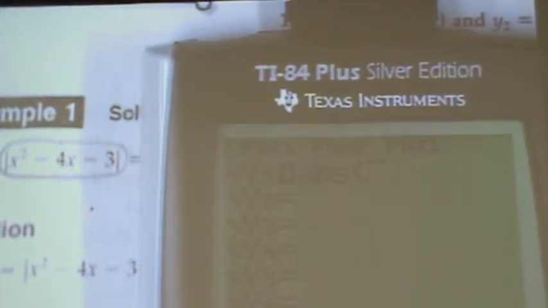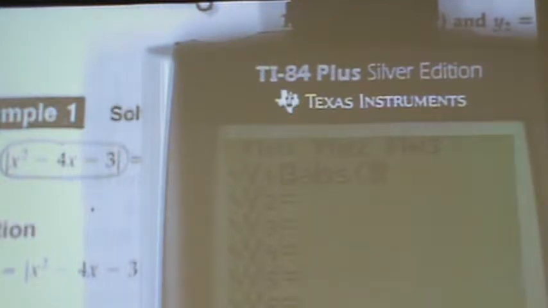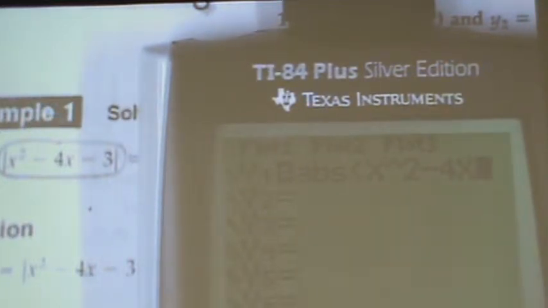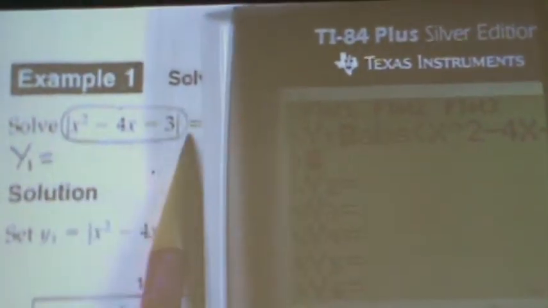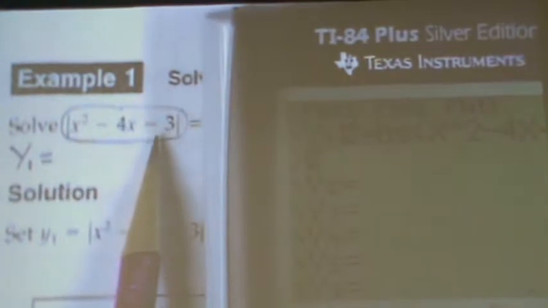That's absolute value. Type in x squared minus 4x minus 3. You guys know how to get the x button? Yeah. And then parenthesis. You started with a parenthesis, you have to end with a parenthesis. So we're going to call this left side equation y1.